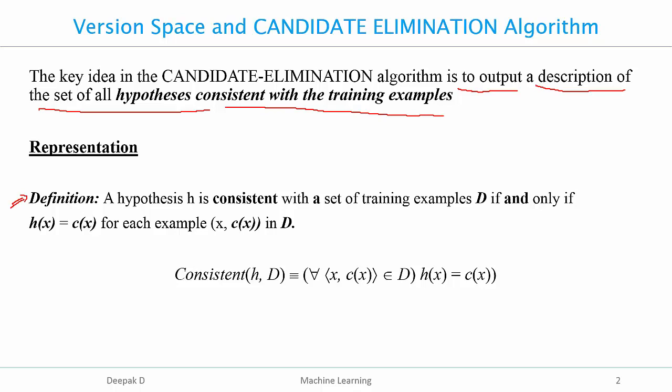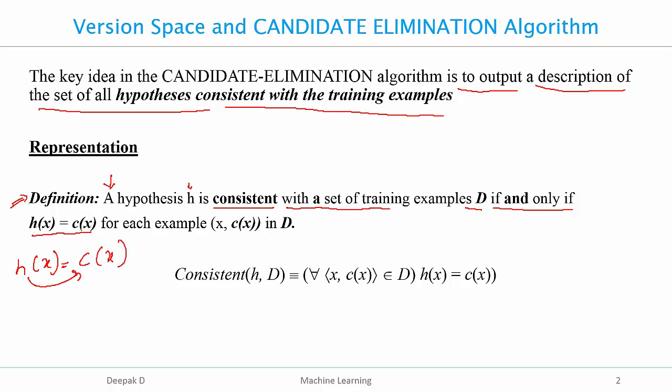The first definition is consistent. So what do you mean by consistent? Say I have a hypothesis h, which is said to be consistent with a set of training examples D if and only if h(x) is equal to c(x). This means the hypothesis defined over instances has to classify your instance based on the target value.